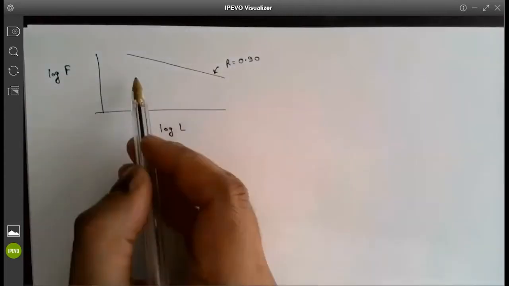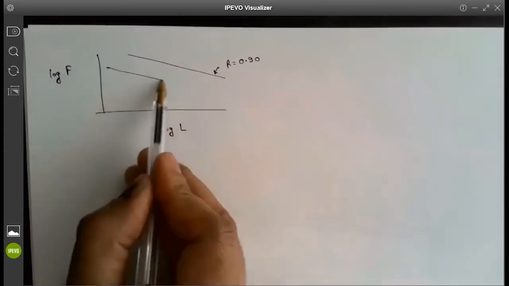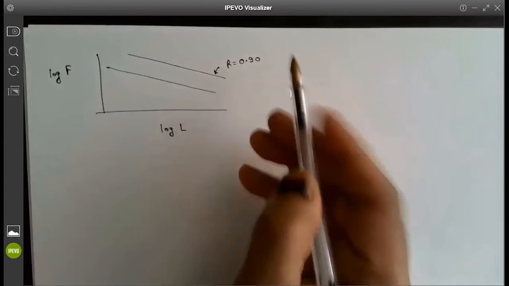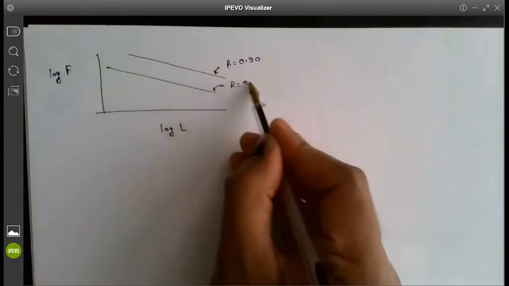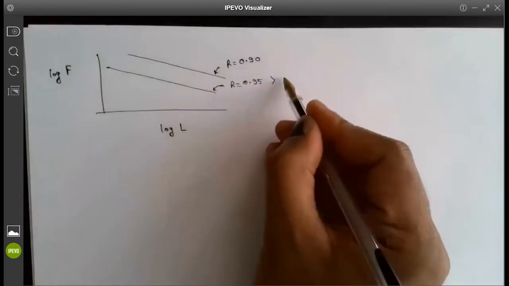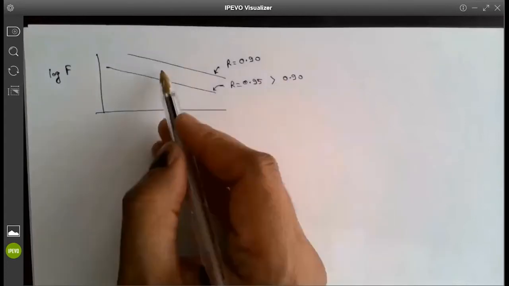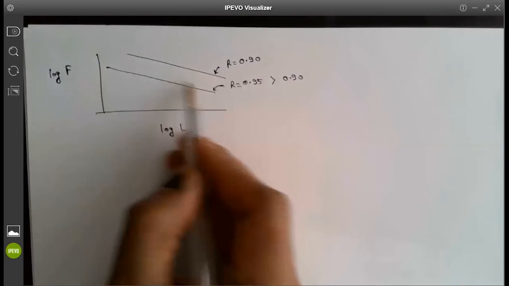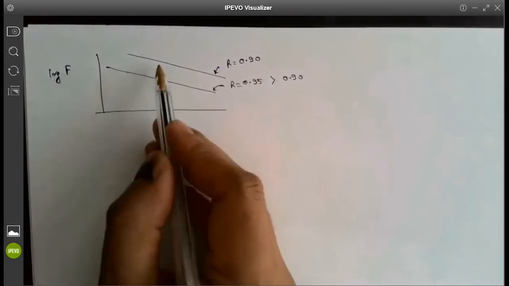If we would like a reliability of 95%, or anything more than 90%, we will again get a straight line between load and life, but it will be in this direction.